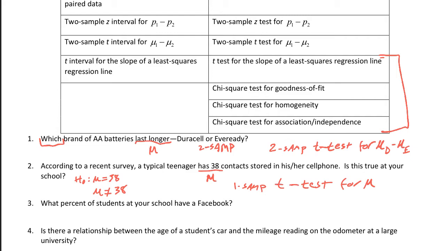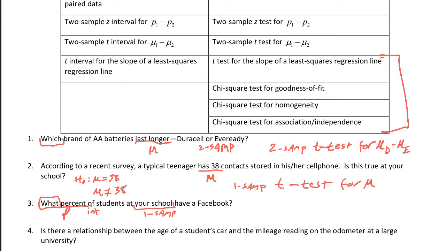What percent of students, P, not mu, have a Facebook? That'd be interesting. I actually kind of want to know that. What percent actually do still have an account that they've checked in the last year? What percent of students at your school, so I just have one big samp, and it's a what percent, so that's an interval.